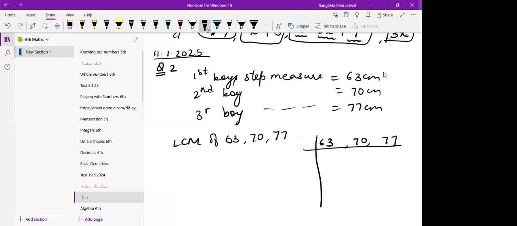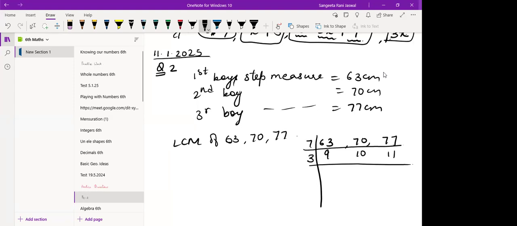Yes. So we can start with 7. 7 nines are 63, 7 tens are 70, 7 elevens are 77. Okay. Then further, what can we have now? LCM we are taking, no? So they all cannot go with a common number. So let's take some different one now.